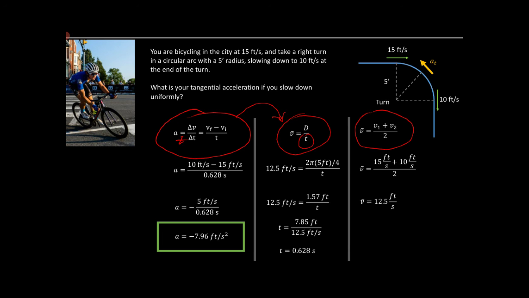It's just the average, right? That's all we need. Halfway between 10 and 15 is 12.5 feet per second. That gives us a time of 0.628 seconds. Plug that back in and we get minus 7.96 feet per second squared, about minus 8 feet per second squared.